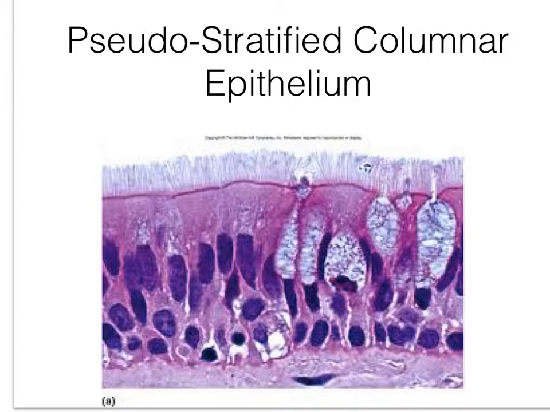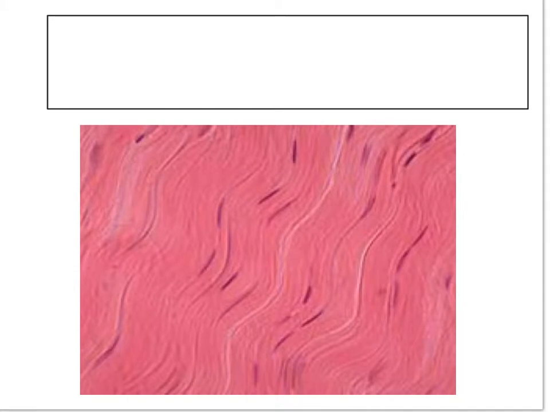And if you line them out, you can see that they aren't making a simple layer of rectangular cells. They're sort of overlapping each other, going in and out of the field of view. And they're not making a single, nice, even layer of the nuclei. The nuclei are sort of pushed into multiple rows. So that indicates pseudo-stratified. All right, here you go.